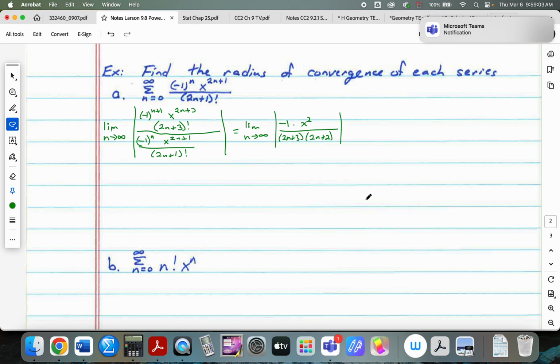Note here that it doesn't matter what value x has. This denominator is going to get bigger than that as n goes to infinity. So this is going to be equal to 0. And remember, for the ratio test, what did we want the ratio to be in order for the thing to converge?